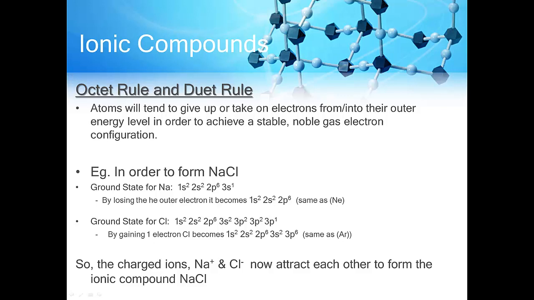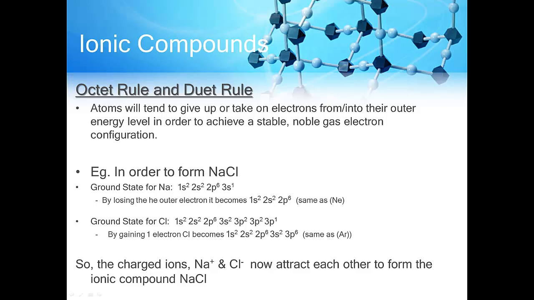If you have a look at chlorine on the periodic table, right next to chlorine is argon, Ar, on the right hand side. Chlorine just needs to gain one electron to be like argon. It's not going to gain two, it's just going to gain one. And sodium's just going to lose one, because if it loses one electron, it's like neon.